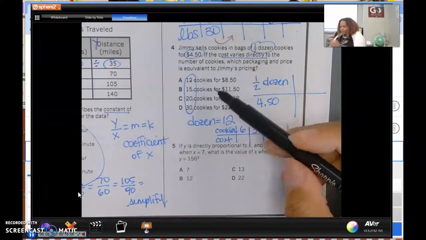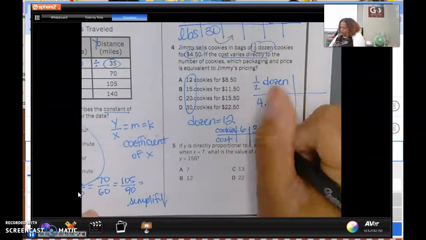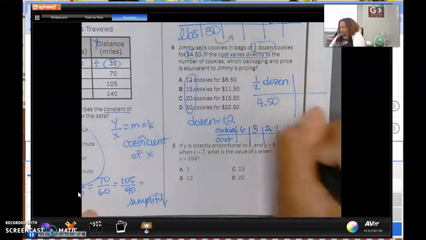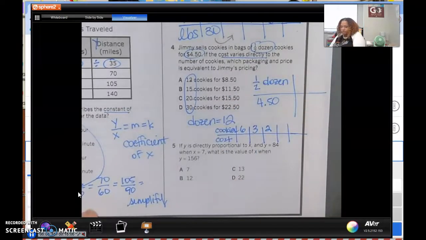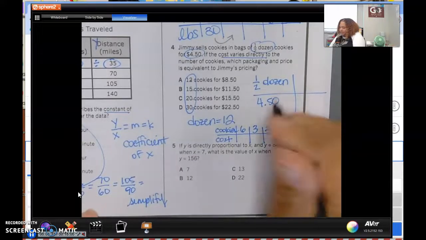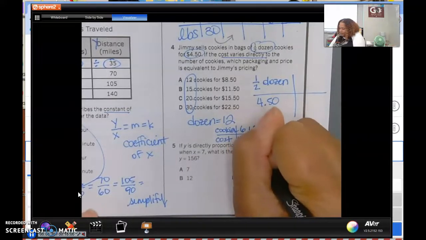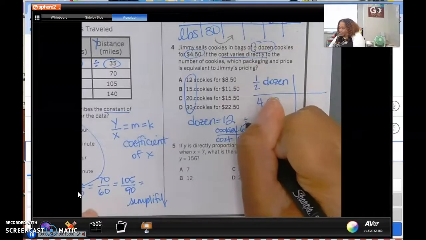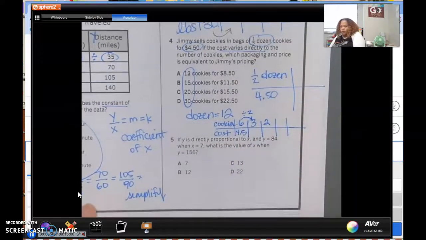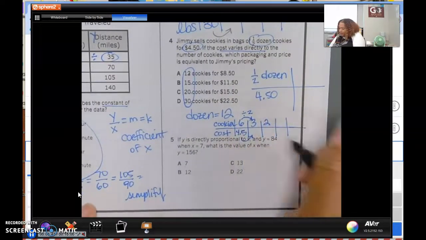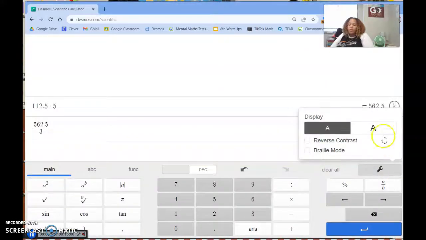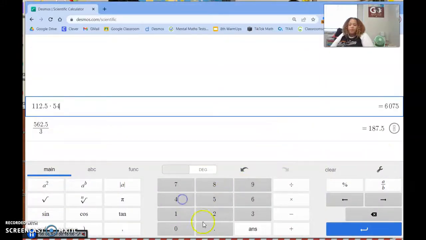And the 3 will also help me get the 15 and the 30. And then I also want to know about 2 cookies. So if I go from 6 to being $4.50, how do I get from 6 to 3? Divide by 2. So 4.5 divided by 2, Desmos, because work smarter, not harder. 4.5, clear.